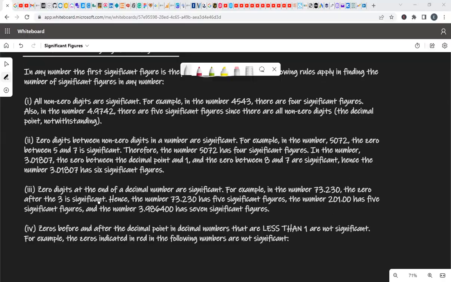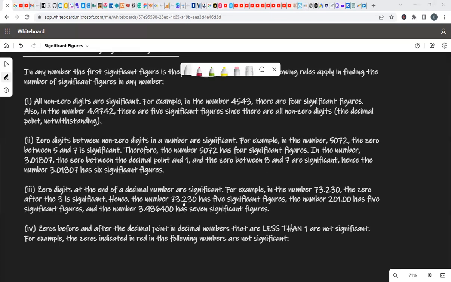Rule number 3 says zero digits at the end of a decimal number are significant. For example, in the number 73.230, this 0 at the end is significant. I said the 0 after the 3 is significant.